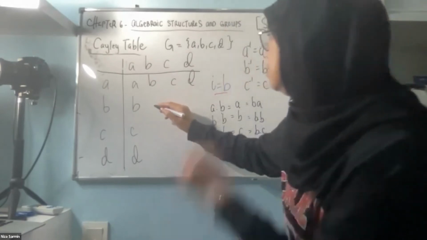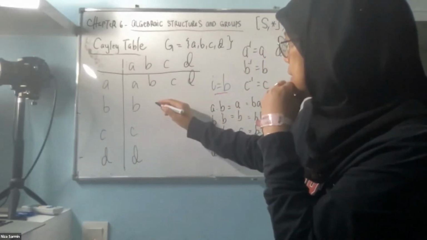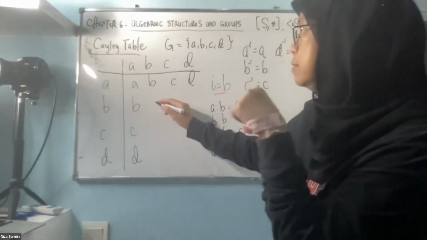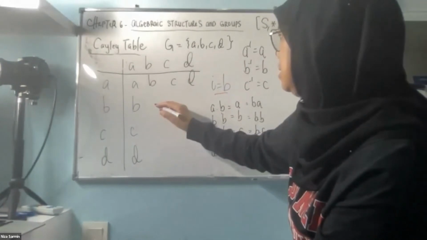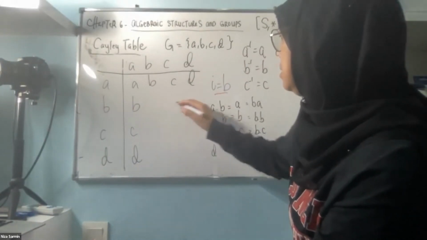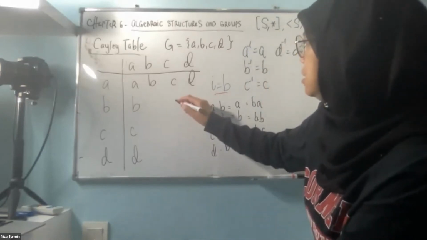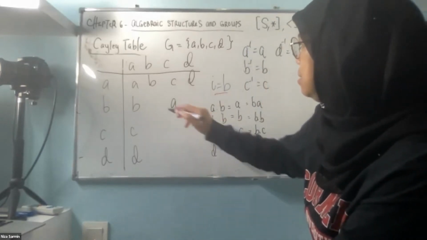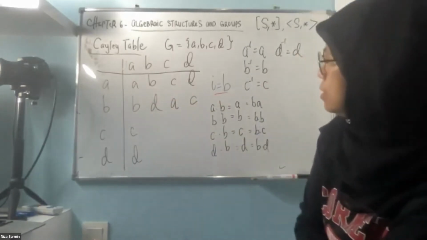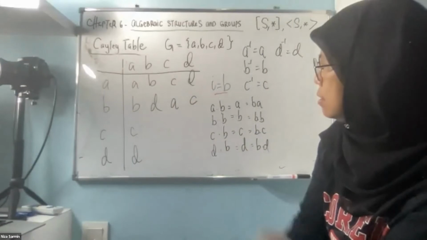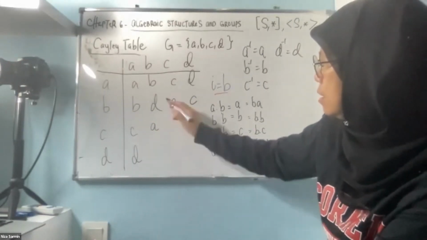What is the A? A. Okay, I'll just try. So we have A, B, C, D, right? A is not there yet.